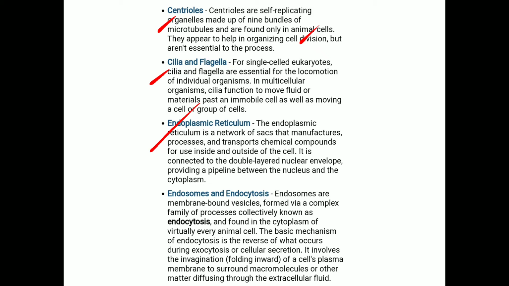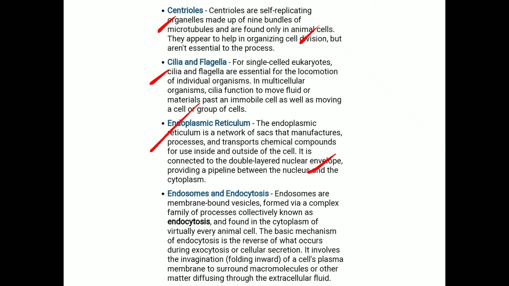Smooth endoplasmic reticulum is involved in synthesis of lipids. The endoplasmic reticulum is a network of sacs that manufactures, processes, and transports chemical compounds for use inside and outside of the cell. It is connected to the double-layered nuclear envelope, providing a pipeline between the nucleus and the cytoplasm.